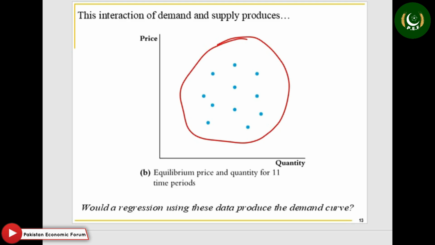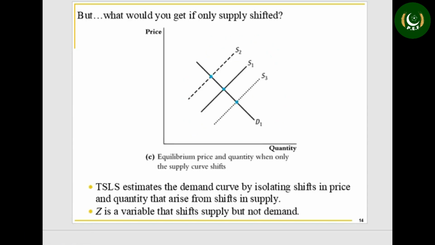So basically, they thought to try to find a variable which affects supply but not demand. They thought that rainfall is a variable which affects supply, as in the subcontinent we see tomato and onion prices. They are basically supply determined.